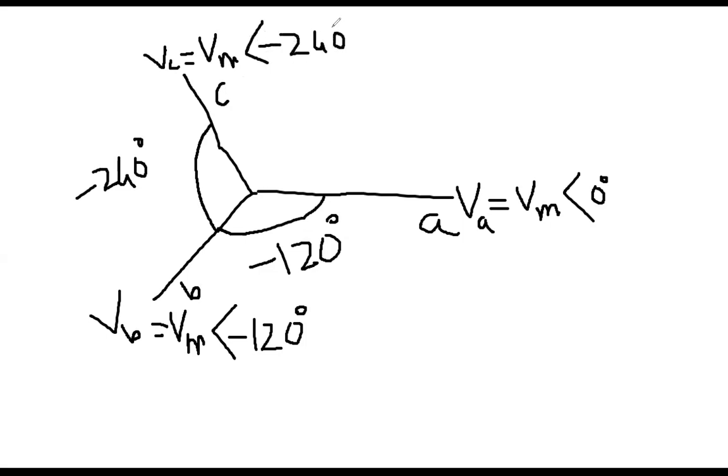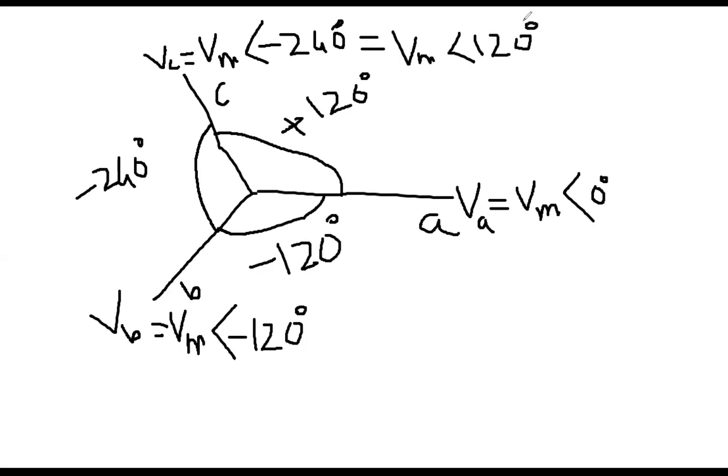But typically what is done, because this is 0, this is minus 120, this is minus 240, instead of going clockwise for C phase, go anti-clockwise. So anti-clockwise, how much is that? This is plus 120 degree, right? So that's why you will see the VC expression, instead of minus 240, is typically written as Vm and then plus 120 degree.